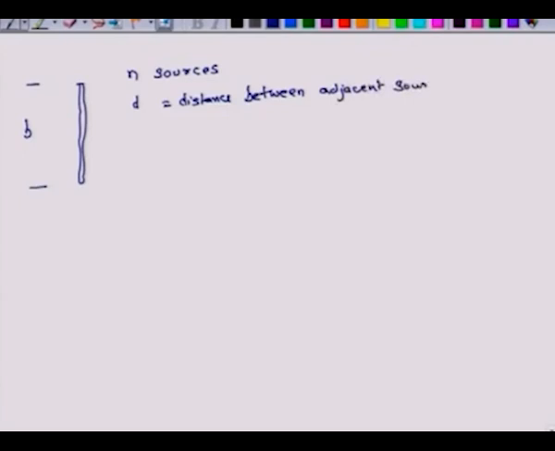So, we can consider an array, and the overall width of this array is B, and let us say it has n sources, and if all these sources are equally spaced, and the distance between 2 adjacent sources is d, so in this case, if n is very large, then the relationship between B and d is nothing but B equals n minus 1 times d.